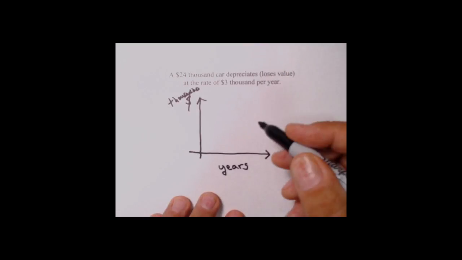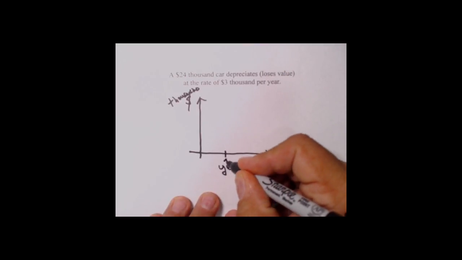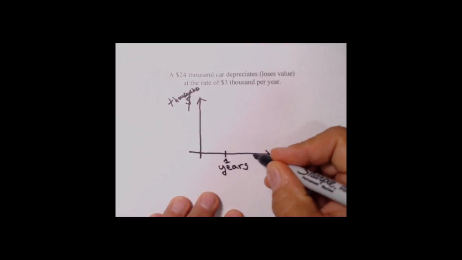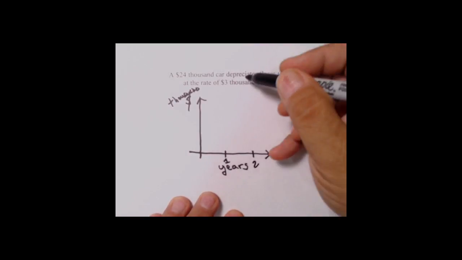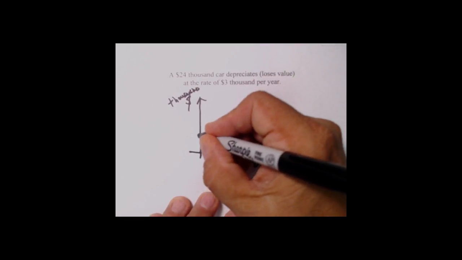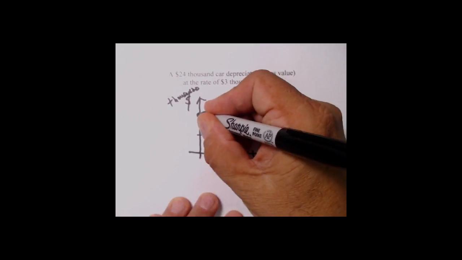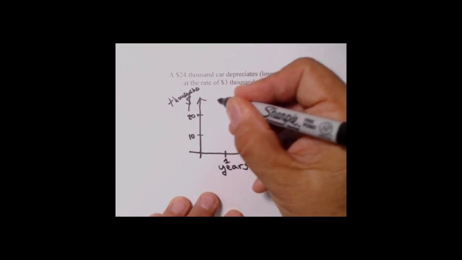Let's mark off some years here. This could be 1 year, and the same distance over here, 2 years, for instance. Now, what's the value of the car to begin with? If we had some tick marks on here, labeling values, this could be 10,000, this could be 20,000.